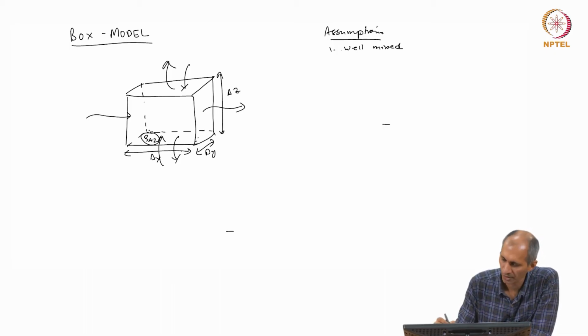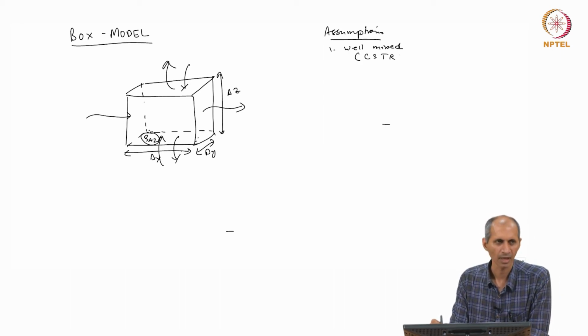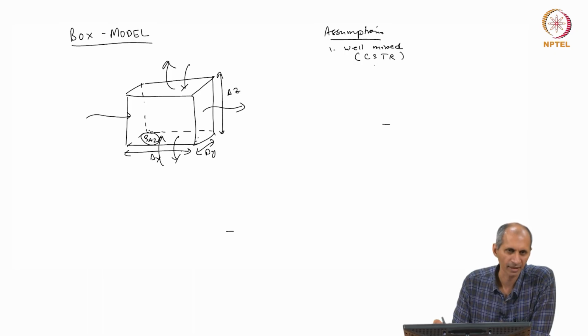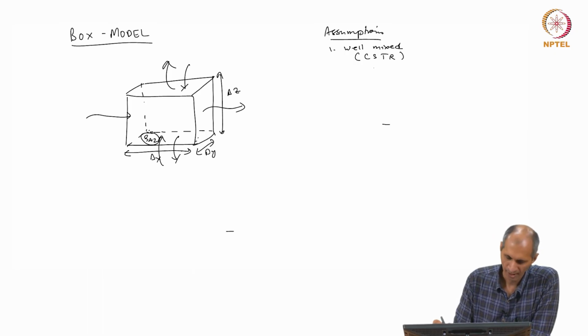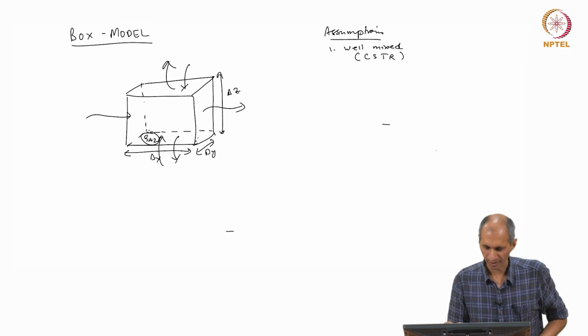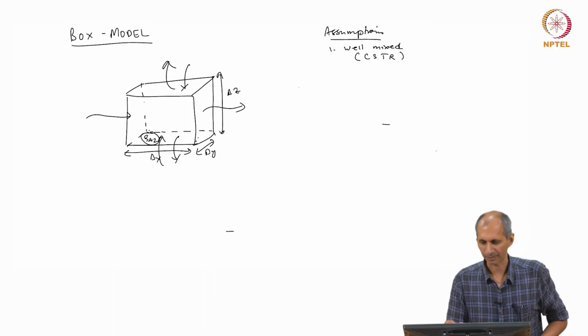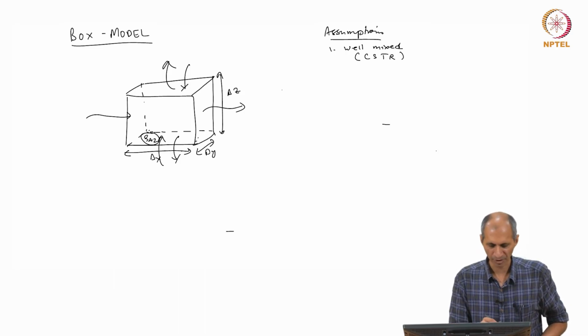So, when we call it well mixed, we will use what is called a completely stirred tank reactor or a mixed reactor, CSTR. This is the assumption that we make. Now, if you do this, we also add one more assumption here, because it is a flowing system.